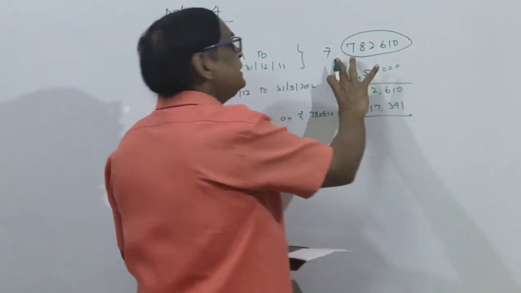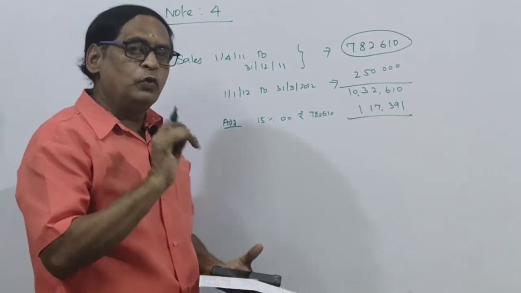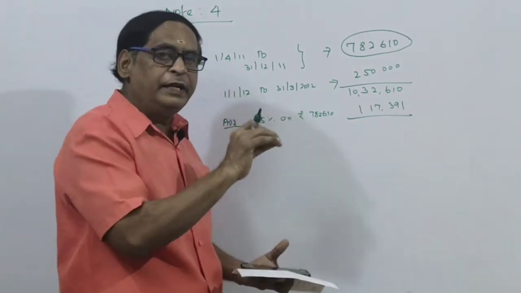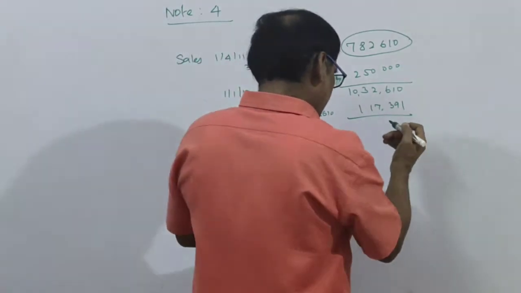So this is the adjusted annual turnover for the period of 12 months ending on the date before the date of fire.